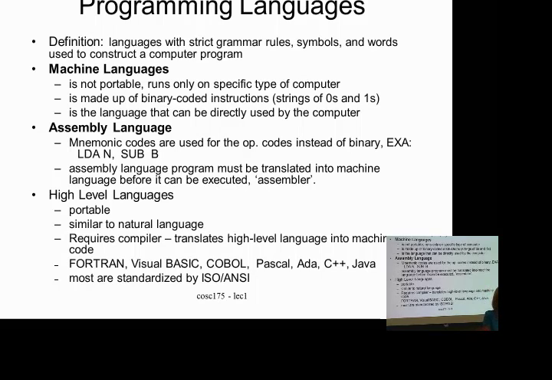Okay? Now, assembly language is still used to some extent for some things. Why do you think assembly language would be used anymore? Any ideas? Well, it's close to machine language. What's the advantage of that? It's fast. An assembly language program does not have a lot of overhead.